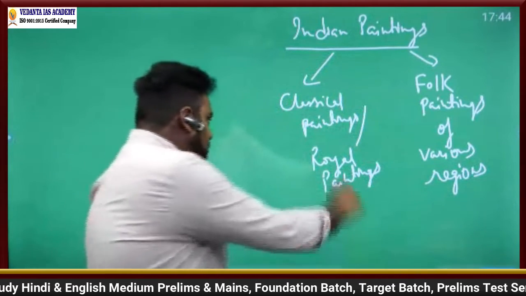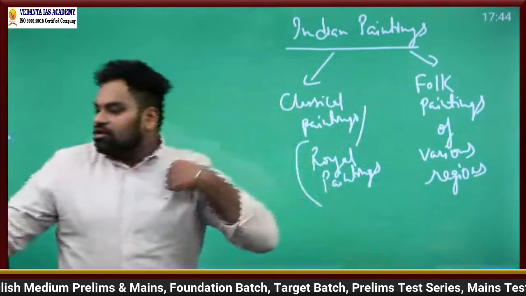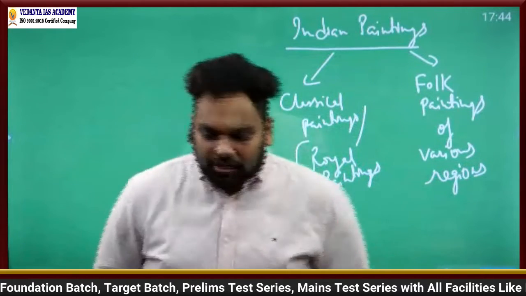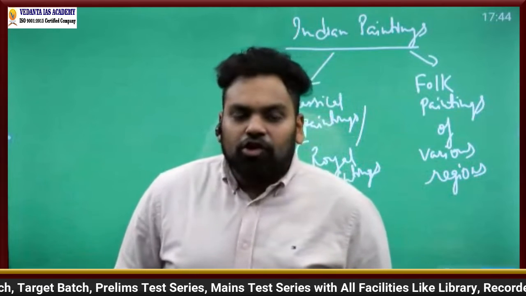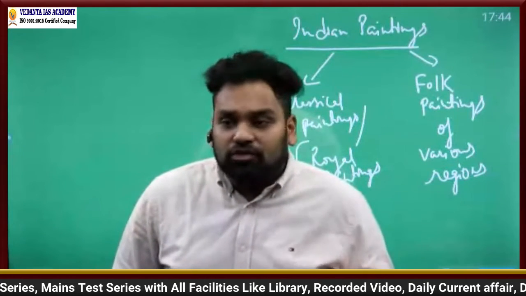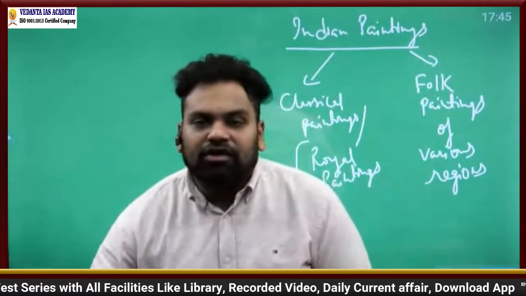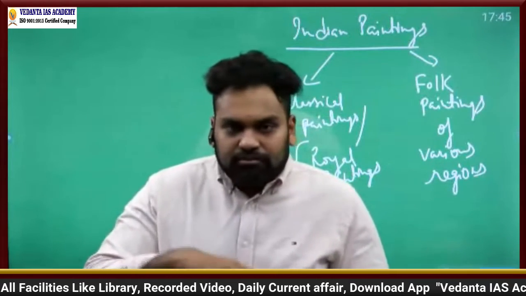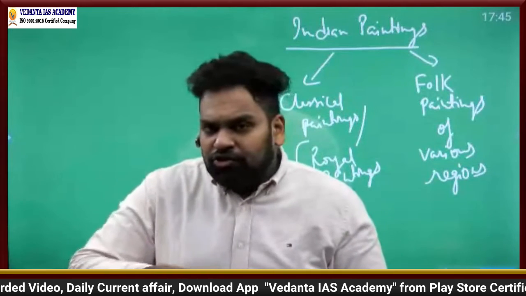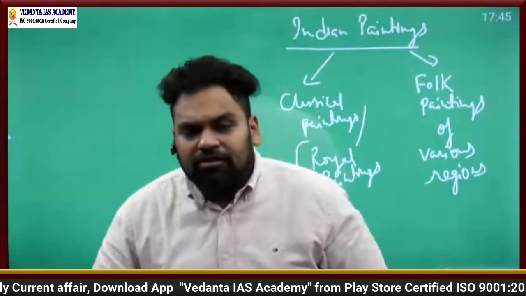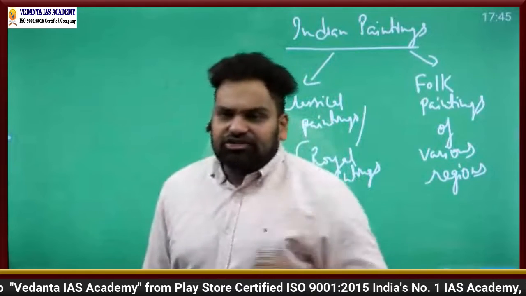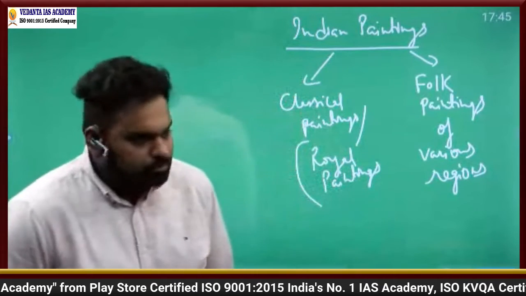Royal paintings, the best example I can give you is of Jahangir, right? A question came once in the exam that during whose time, from the following list, was the maximum amount of attention paid to painting. So when all the rulers were given in the options, Akbar, Jahangir, Shah Jahan, and Aurangzeb, right?